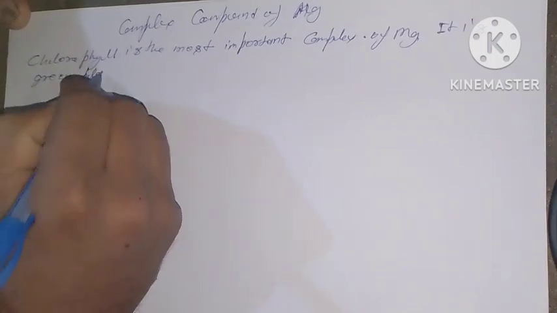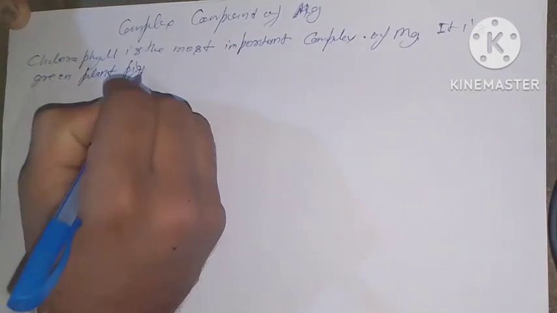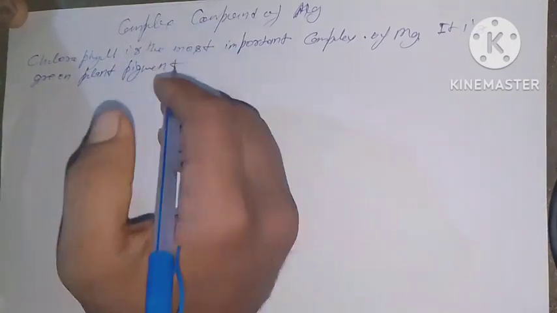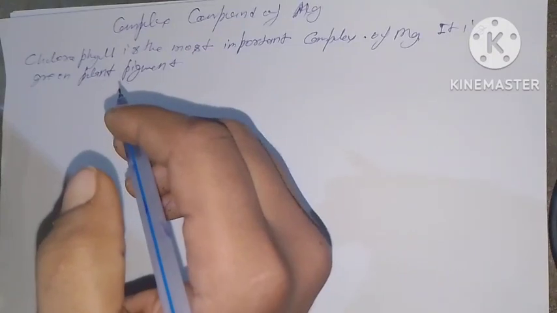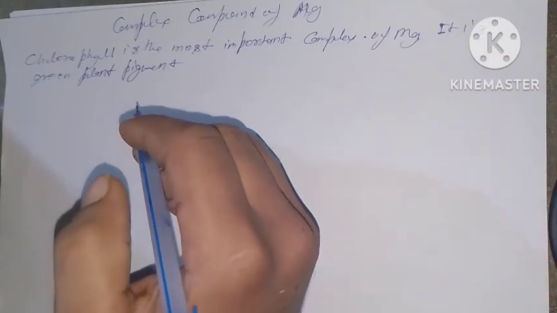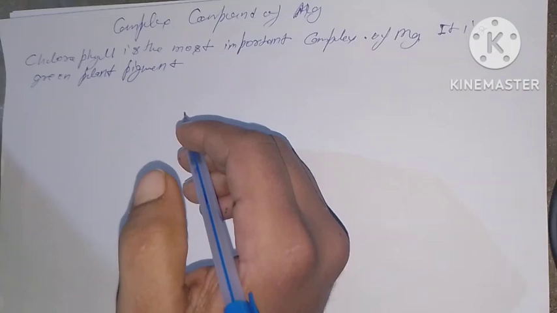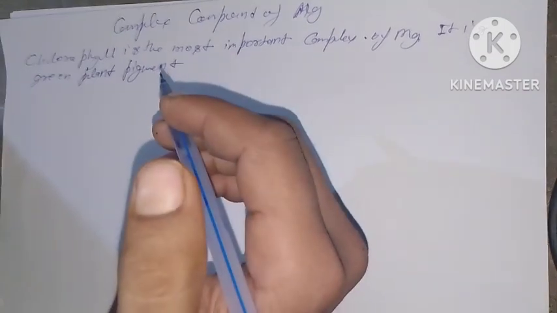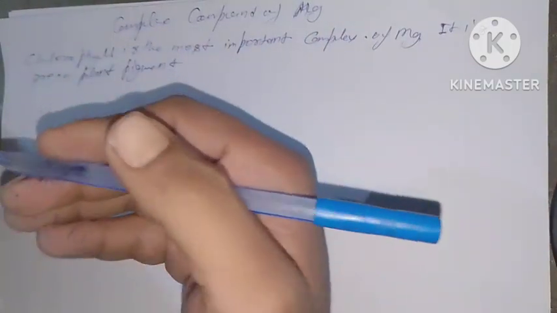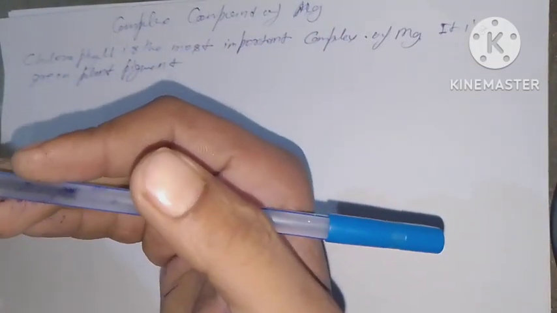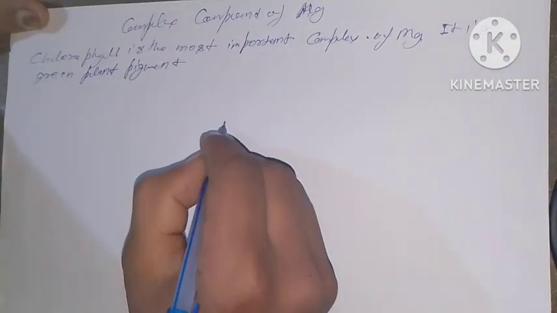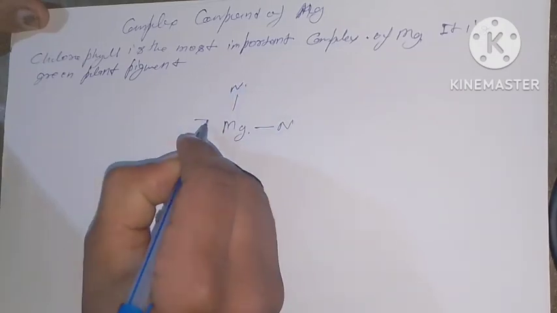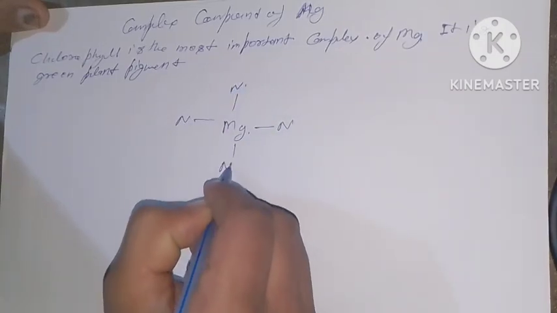Magnesium is at the center of a flat organic ring system called porphyrin, in which 4 heterocyclic nitrogen atoms are bonded to the magnesium. Structure of chlorophyll: you can see this is the magnesium, this is the nitrogen, and this is the nitrogen.